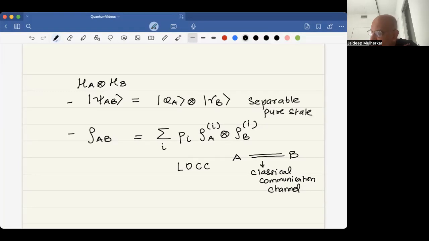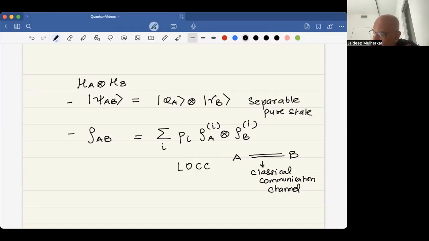So this is an example of a separable state when you are concerned with density matrices. The main point of this video is to tell you how to compute the partial trace and come up with the reduced density matrix of one of the subsystems.